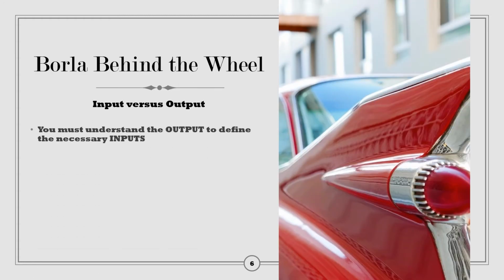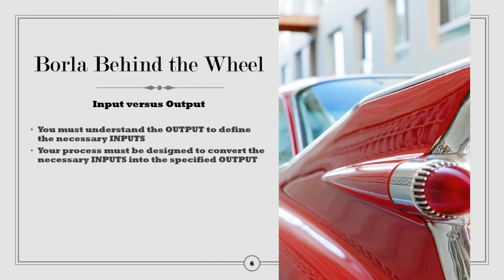So you must understand the output and the specifications related to it to actually define the necessary inputs and assign specifications to those. Your process has to be set up in a way to where it can convert the inputs that are put in into the specified output that you expect to have from the process.